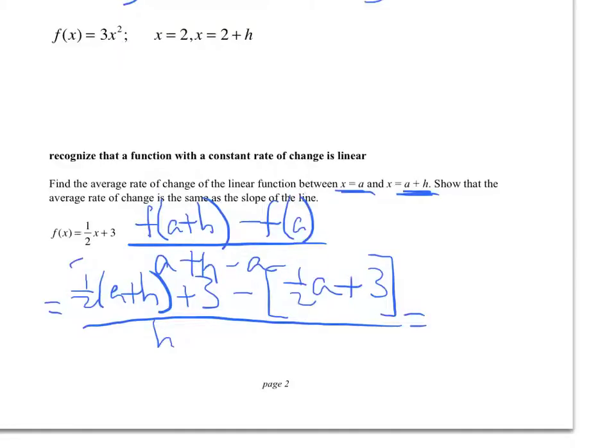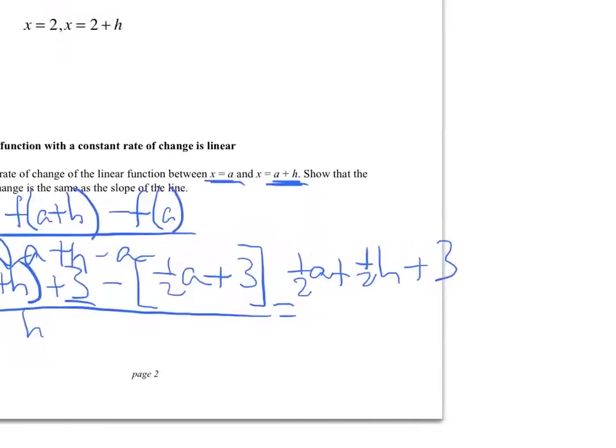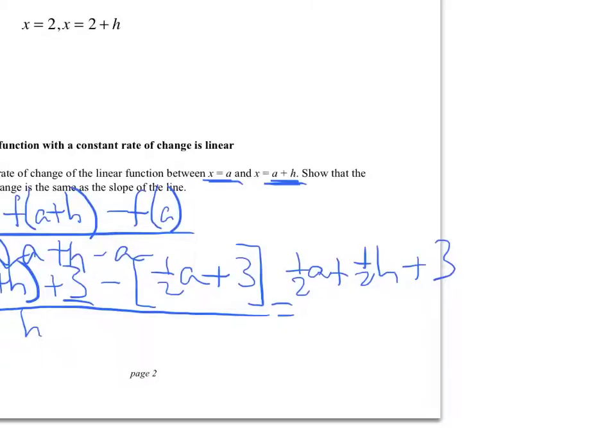So here we have 1/2 a plus 1/2 h plus 3, and then minus 1/2 a and minus 3.